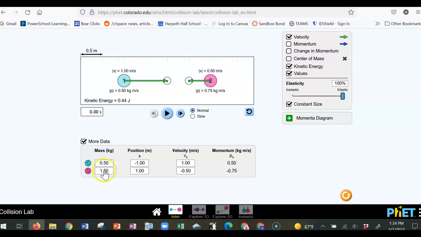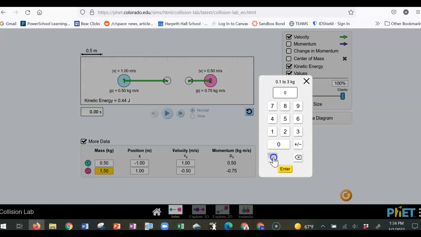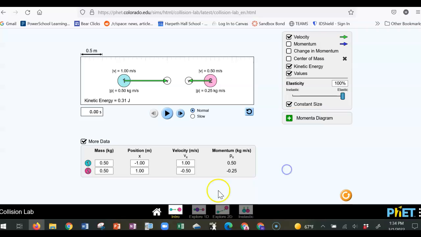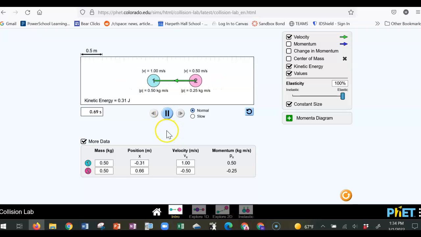Mass 1 is already at half a kilogram, but I'm going to change mass 2, so it is also half a kilogram. I am not changing the pre-collision velocities. I just leave those alone. Then I will ask the balls to collide. I'll wait until they go off the screen, and then I can read the velocity here.